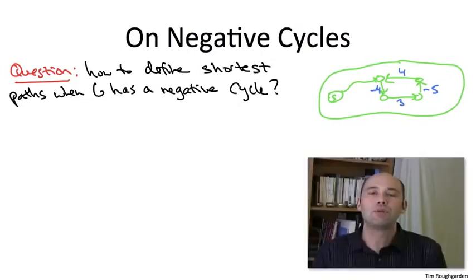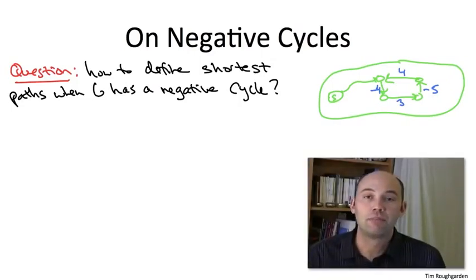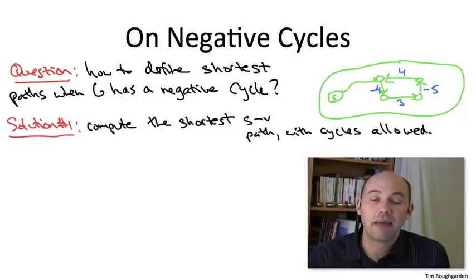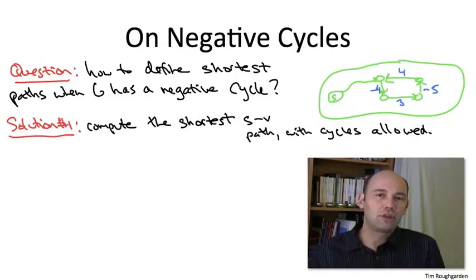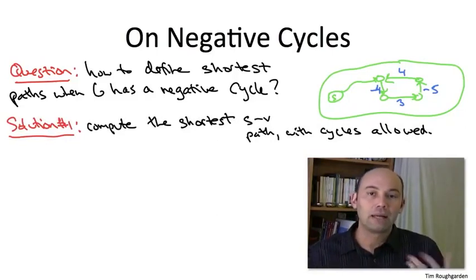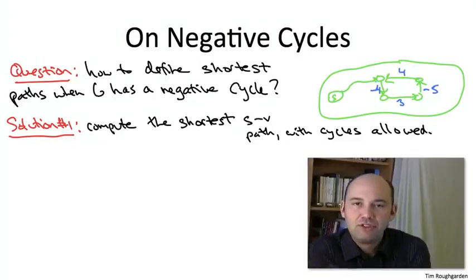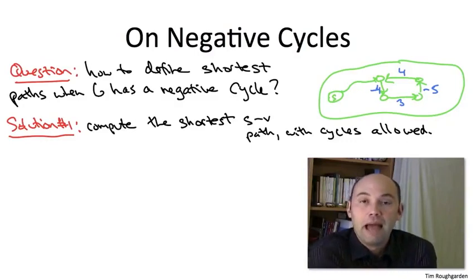So let's think about how we should define the shortest path from the source vertex S to some destination V in a graph like this. In particular, do we allow cycles in the path or not? So first, let's think through the ramifications of allowing paths to include cycles. This proposal actually doesn't make sense, in that generally there will be no shortest path from S to V if you allow cycle traversals.